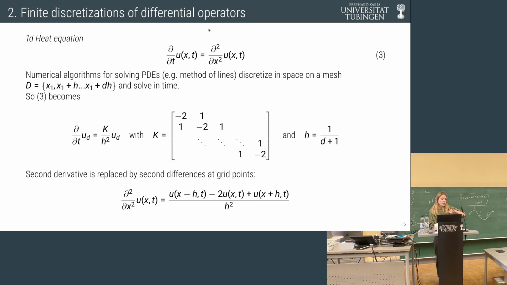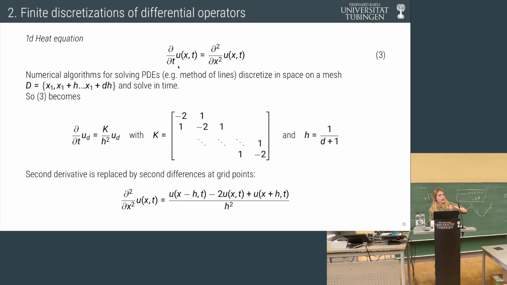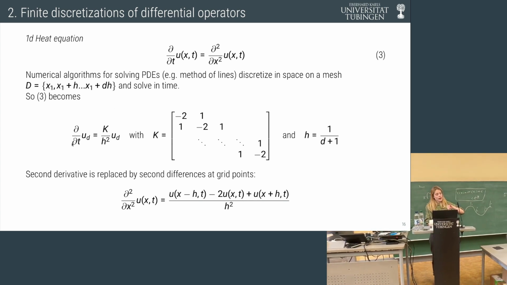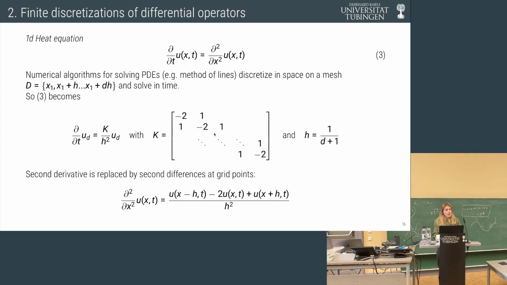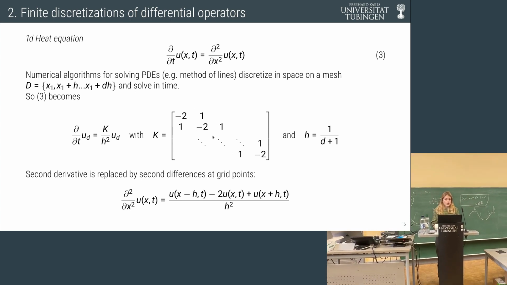So instead of having this type of equation, you end up with an ODE only in time, where you are now dealing with a vector. And to compute this derivative, you also discretize the second derivative, and you can do it with a matrix that is actually a discrete convolution operator.